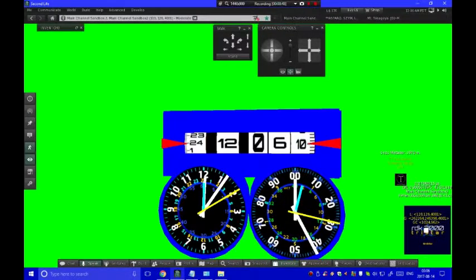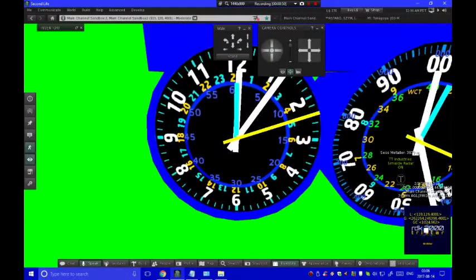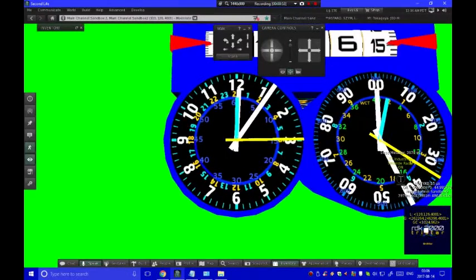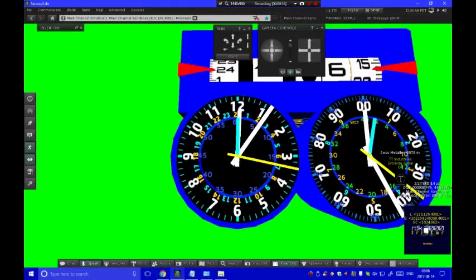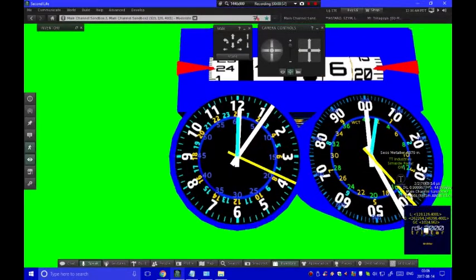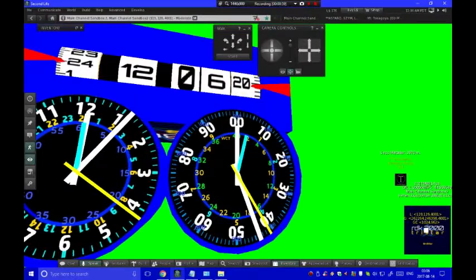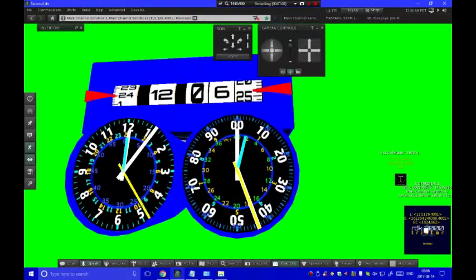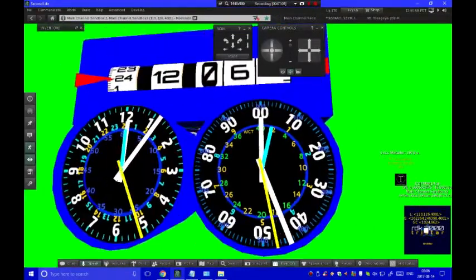This clock uses a more oblong counterpart. And the digital and the decimal, the retro clock.